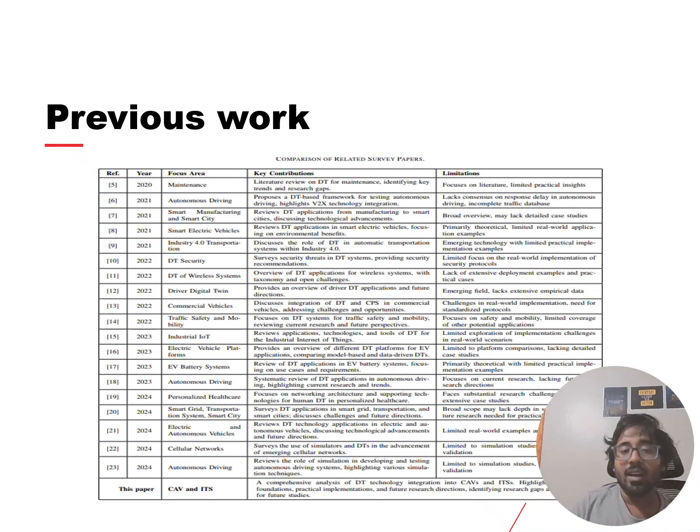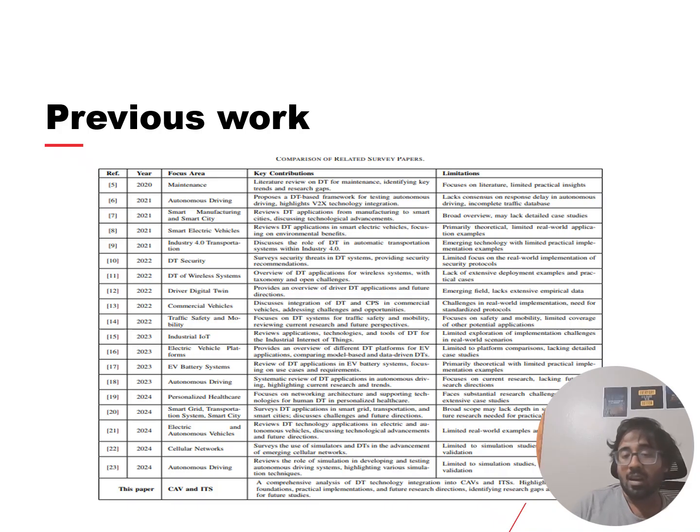Here we can see that they highlight the other survey studies before this study. The research gap they found is that most of the studies are domain specific, such as they only talk about maintenance, smart city, DT security, IoT advancement, or circular networks. The second research gap is that most of the studies are theoretical and do not focus on ITS and CAV in a comprehensive way.